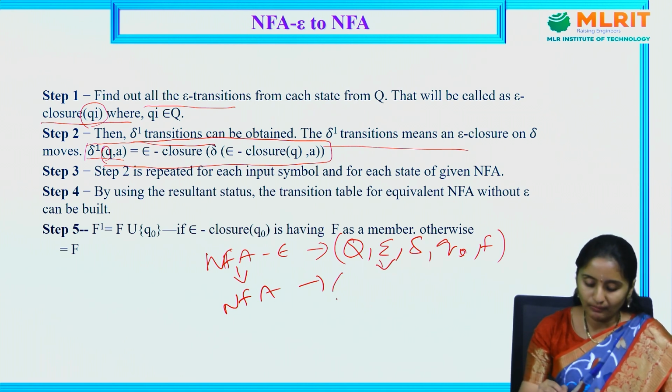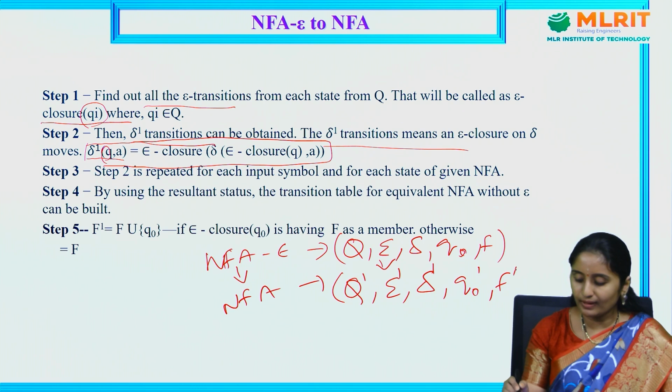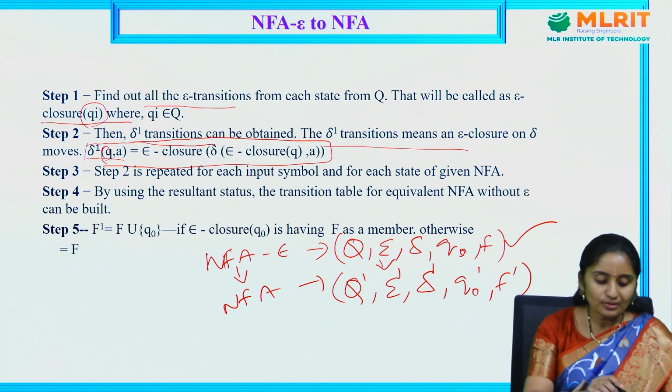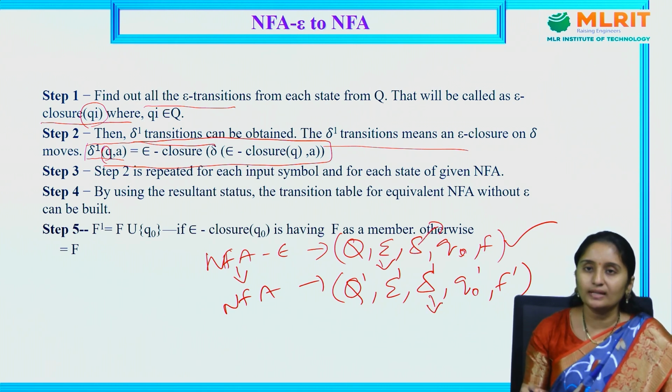So we are going to have new transitions like Q dash, sigma dash, delta dash, Q naught dash and F dash. So these are the 5 tuples we are going to find from this given NFA with epsilon. Here we are going to find the delta transitions. Now the updated one we are going to call delta dash.